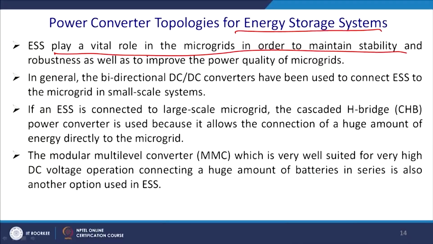The modular multi-level converter, MMC, is also very suitable because it has independent DC sources as a panel, suited for DC voltage operation, connecting a huge amount of batteries in series. Another option is also used in ESS.